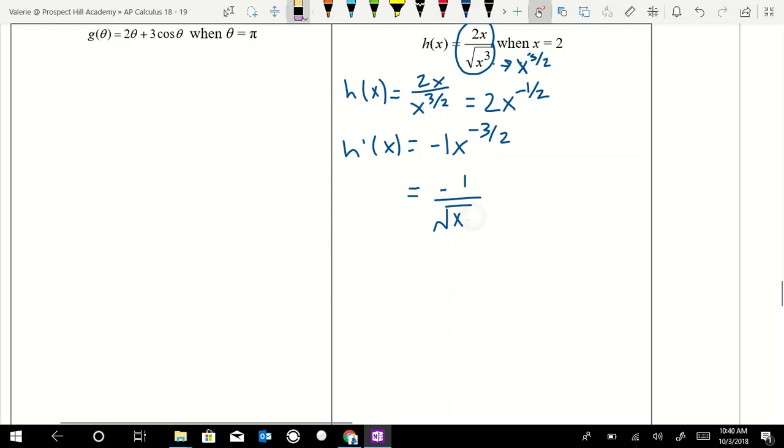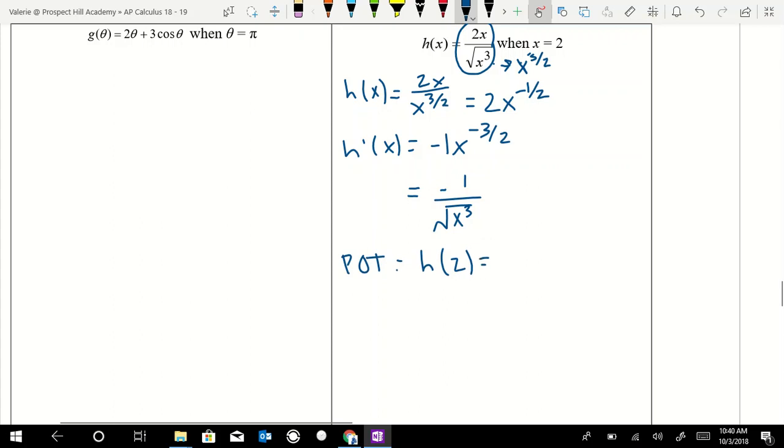Okay, so I'm not actually going to rationalize this denominator because this is not our final answer. Our final answer needs to be the equation of the tangent line. So because this is not my final answer, I'm not even going to rationalize it because that's just more work and it's not necessary right now. So we're going to find our point of tangency, which is when h of 2 is equal to something.